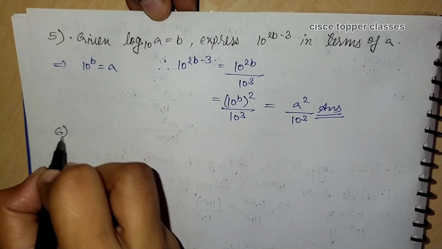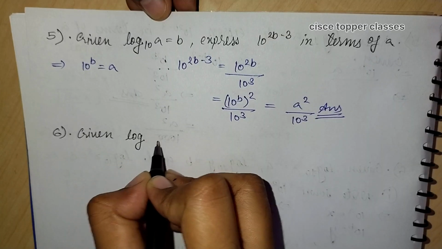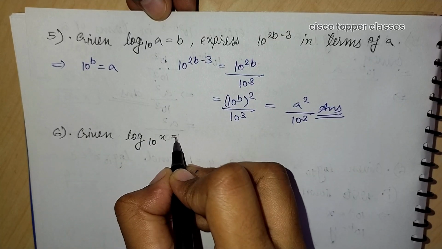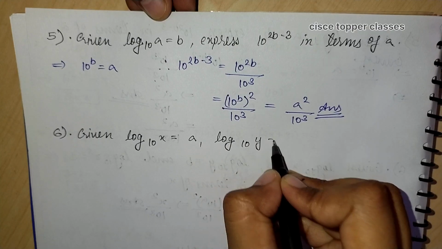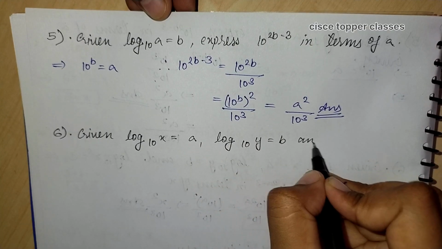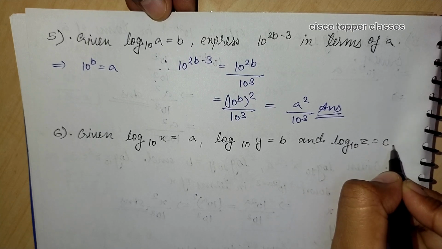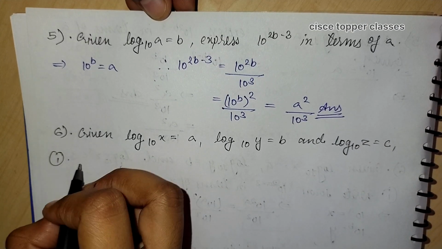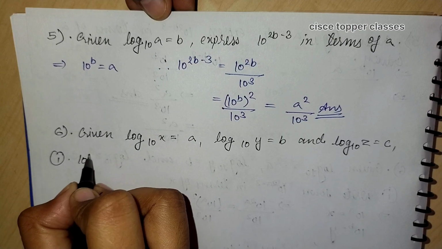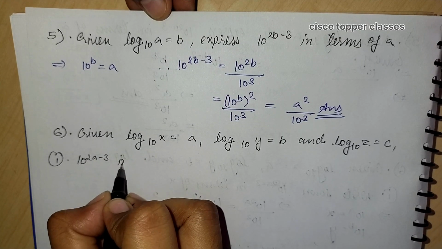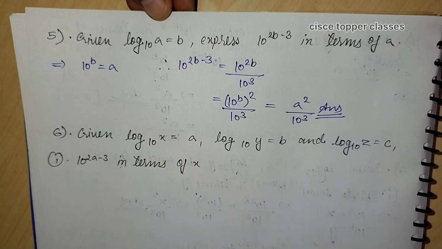Now the sixth question here is given that log of x with base 10 equal to a, log of y with base 10 equal to b, and log of z with base 10 is equal to c. Firstly, we are asked to write the value of 10 to the power 2a minus 3 in terms of x, and the given information is in logarithmic form.